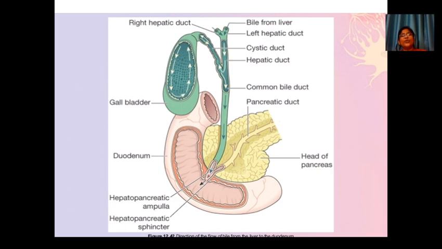There it is stored, and whenever necessary, it is released from the gallbladder into the cystic duct a second time, and it reaches down and enters into the hepatopancreatic ampulla, and then it enters the duodenum. Likewise, the bile is secreted from the liver, to the gallbladder and to the duodenum. Okay, clear?